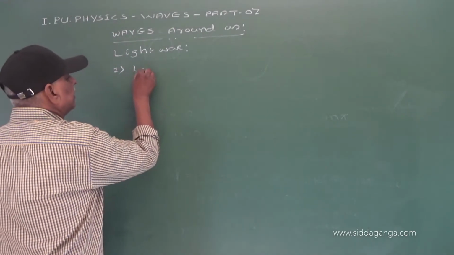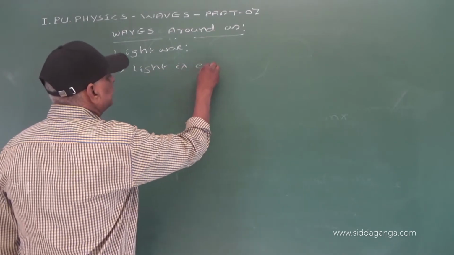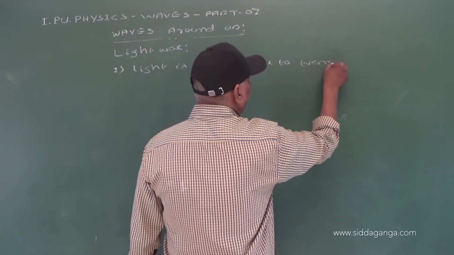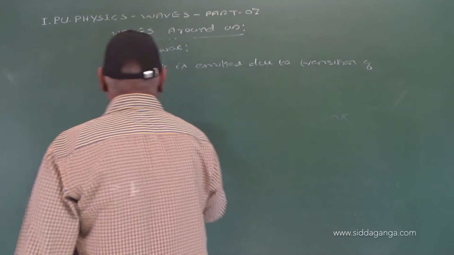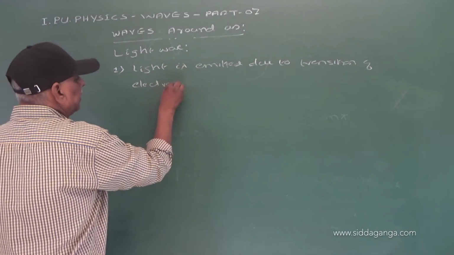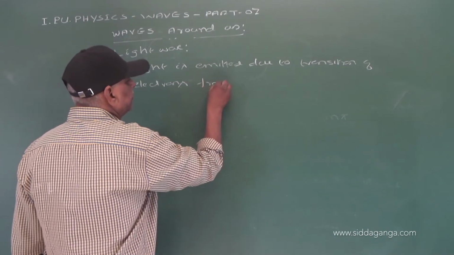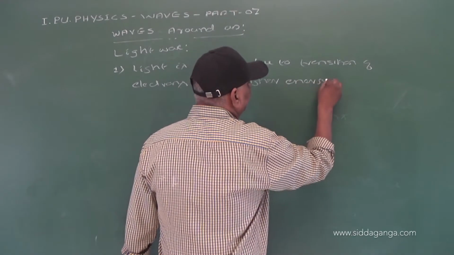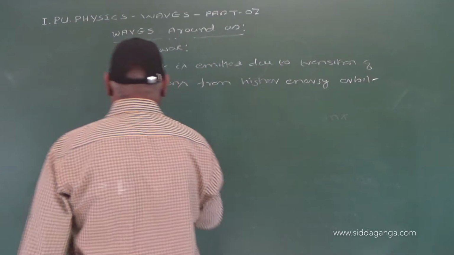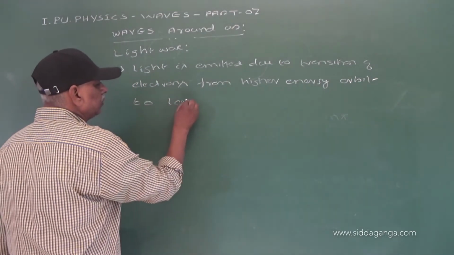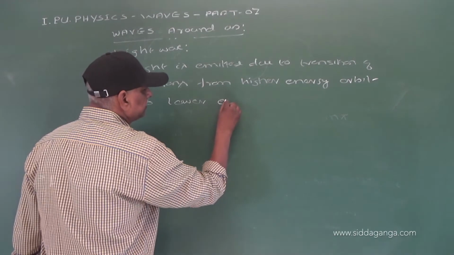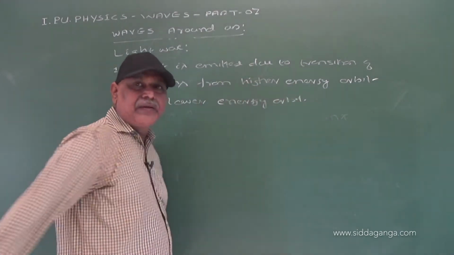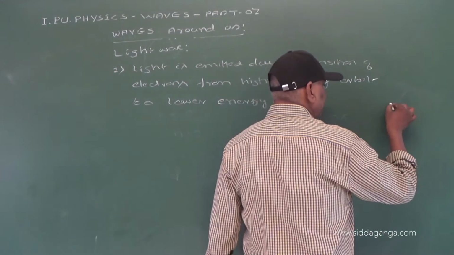Light is emitted due to transition of electrons from higher energy orbit to lower energy orbit.